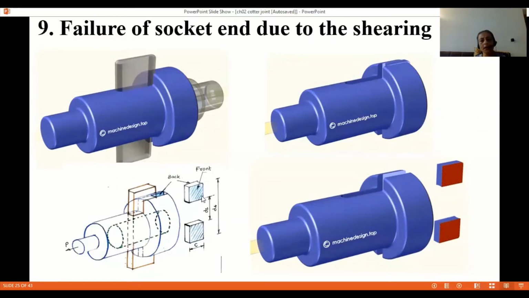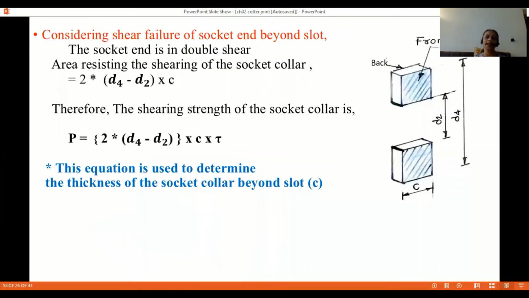And here, because front and back both portions are areas of failure, we call it a double shear failure. When we see the equation from this diagram, the area of failure can be given by 2 times (D4 minus D2) into c.